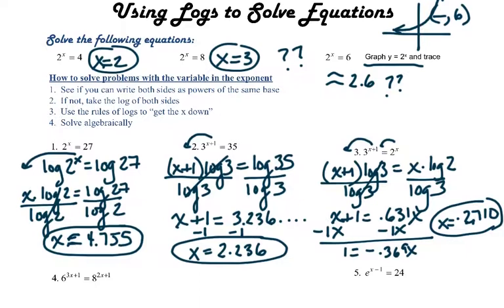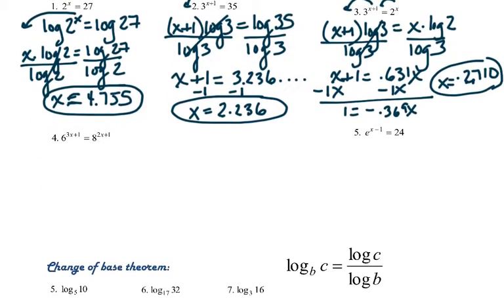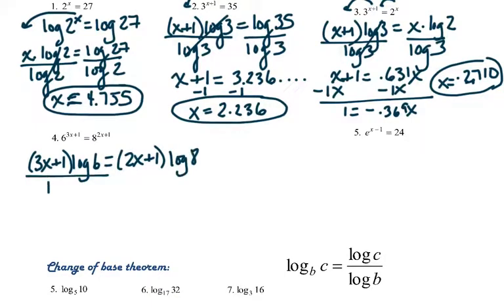So I have another one with x's on both sides just to practice. Here when we take the log of both sides, the 3x plus 1 comes down in front. The 2x plus 1 comes down in front. We're going to have a lot of decimals here. I'm going to get rid of this log 6 by dividing both sides by log 6.